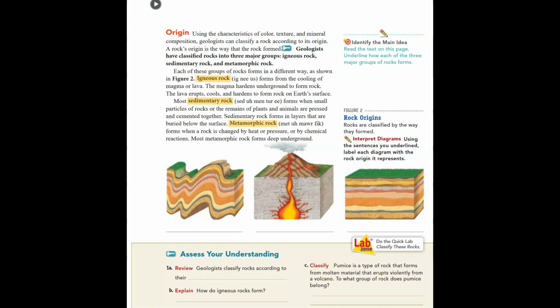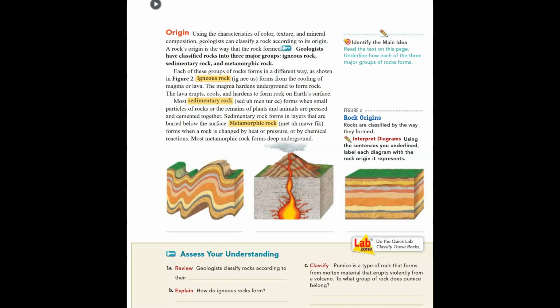Most metamorphic rock forms deep underground. It says, using the sentences we underlined, we didn't, but it's the definitions, label each diagram with the rock origin it represents. We have a wavy looking rock origin. We have what looks like a volcano, and we have flat lines.